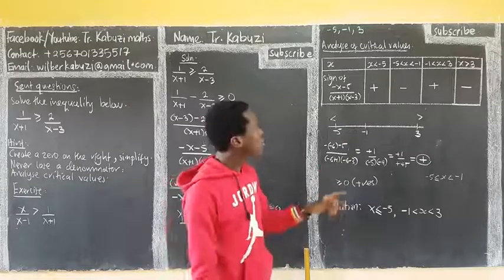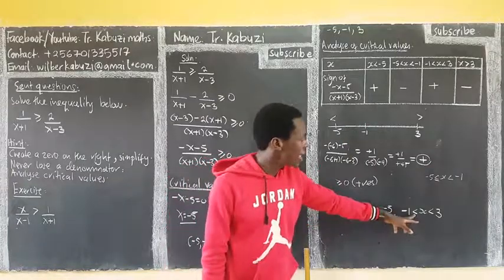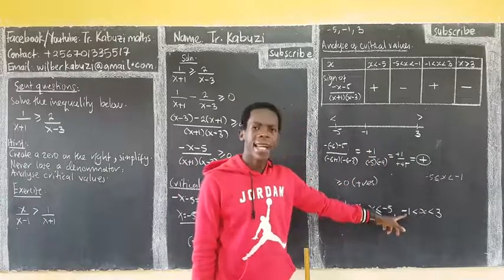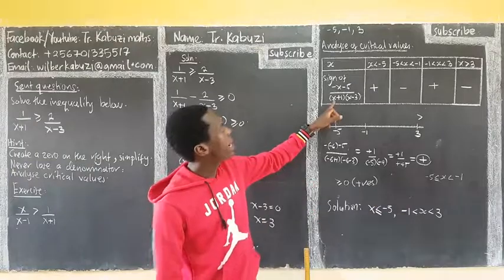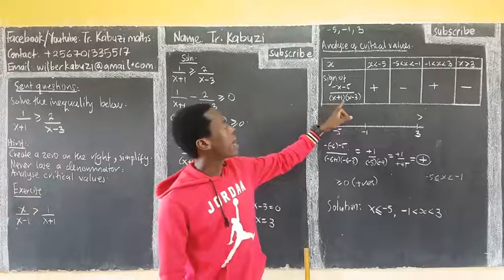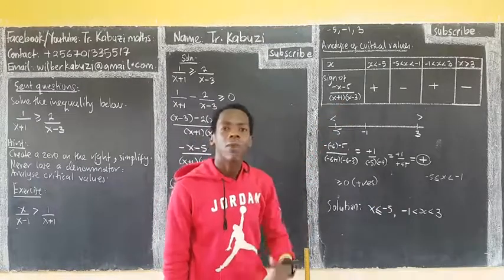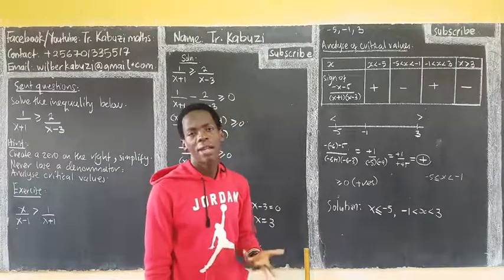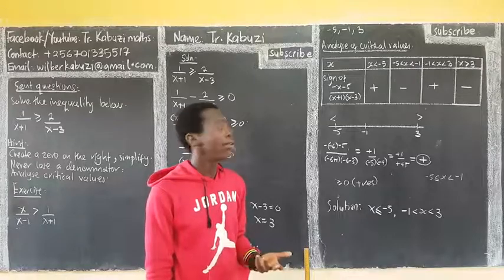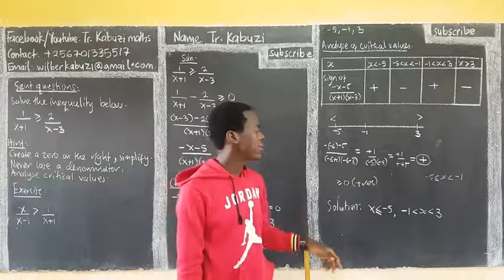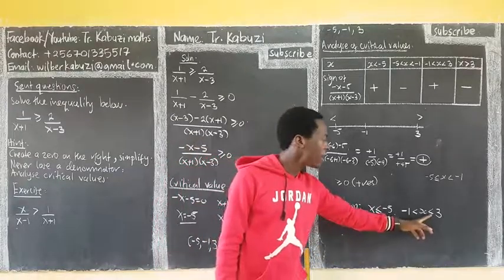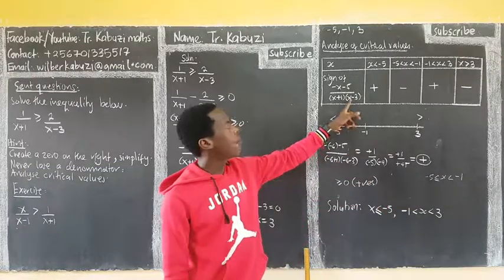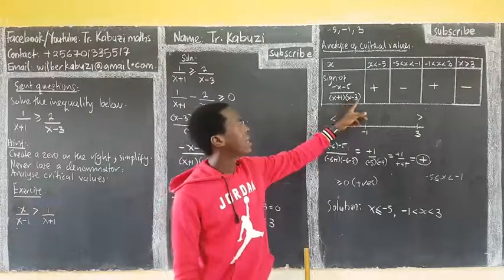Why? Because if you put an equal sign here, it means there is a possibility of x equaling -1. If I put -1 here, I'll have -1 plus 1 giving me 0, which would create an infinite value, and you know that means undefined. Likewise, if I put x equaling 3, then 3 minus 3 will be 0.